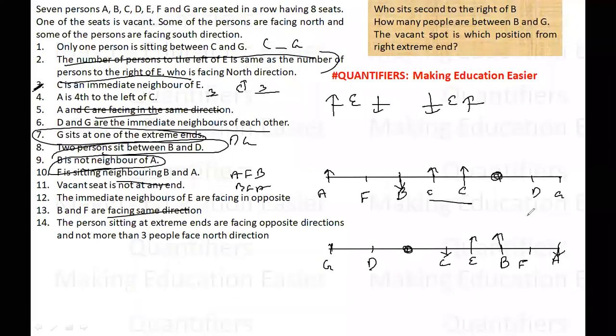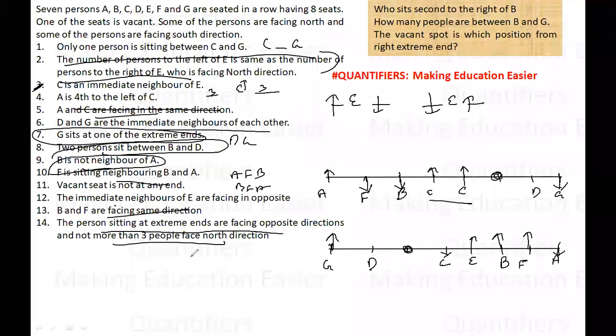B and F are facing the same direction, so F is facing this, and here F is facing south. Let's see ahead. The persons sitting at the extreme ends are facing opposite directions. So A is north, therefore G has to be south, and here A is south, so G has to be north.